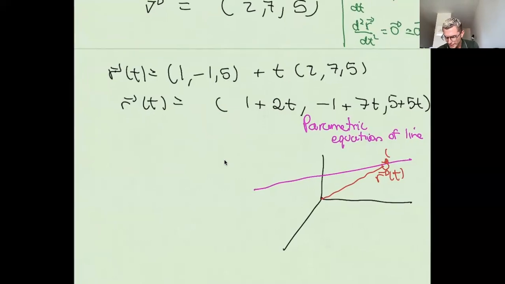So this point has entries x, y, z. You just write r of t equals x, y, z.